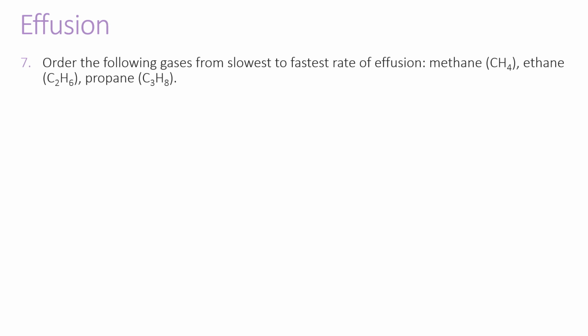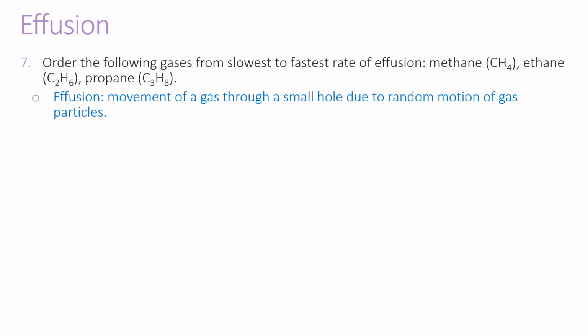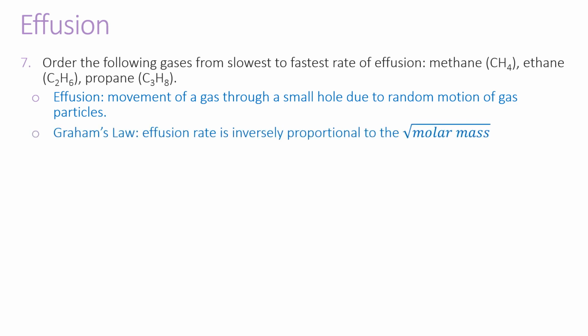Question 7 is an effusion question. So order the gases from slowest to fastest rate of effusion. So effusion is the movement of gas particles through a small hole in their container. And this occurs just due to the random motion of gas particles. Graham's law says that the rate at which a gas effuses is inversely proportional to the square root of their molar masses.